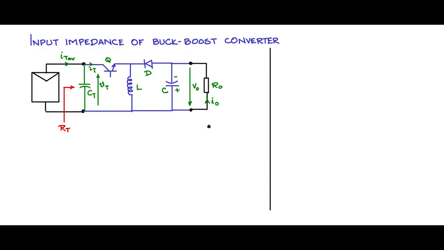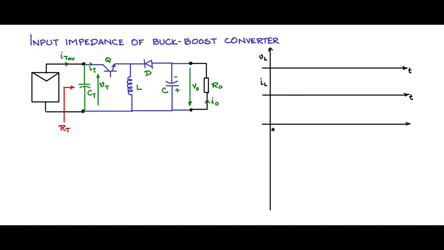Let us now have the waveform axes. Axis 1 will be VL, axis 2 is IL, the voltage across the inductor and the current through the inductor, which we need. We will have another axis to indicate the current IT, which is going through the switch.